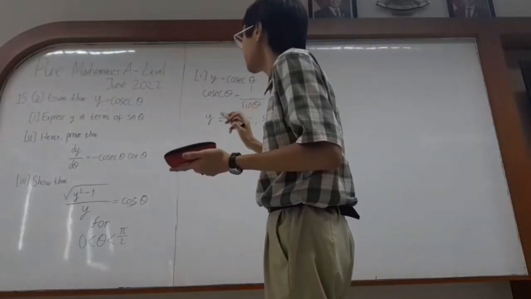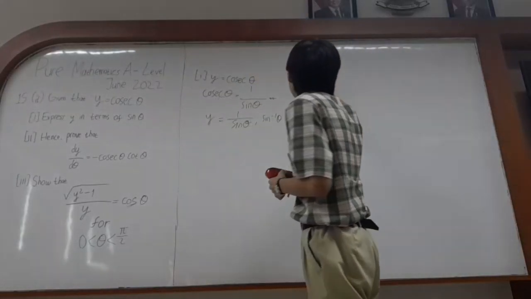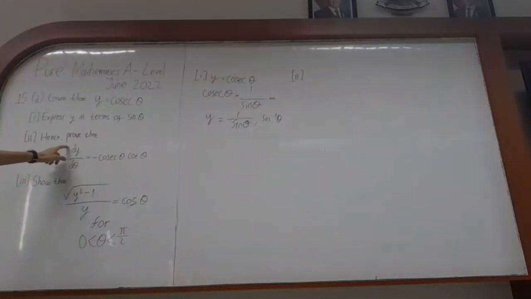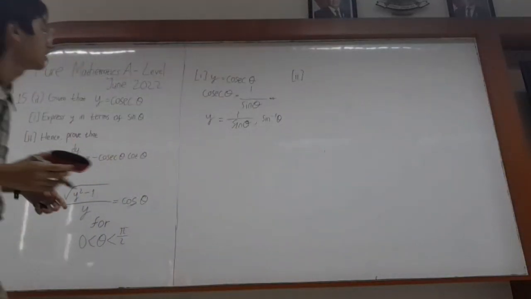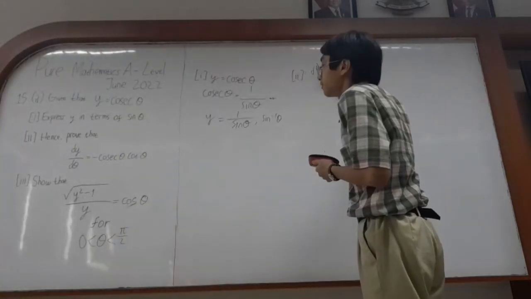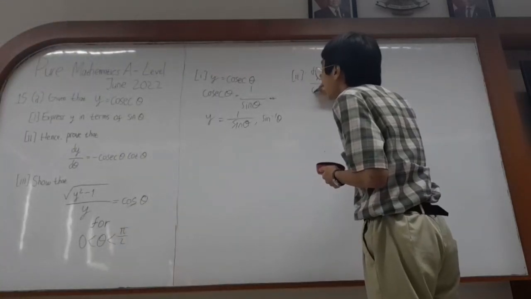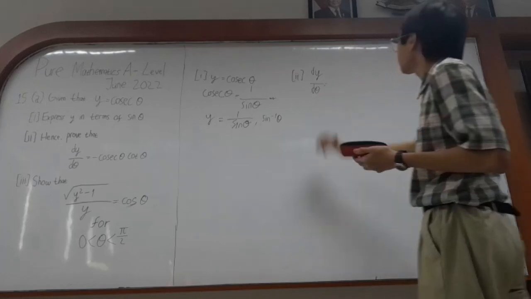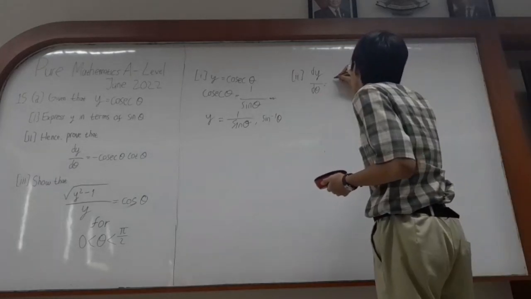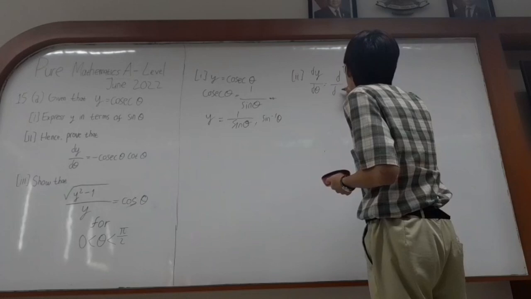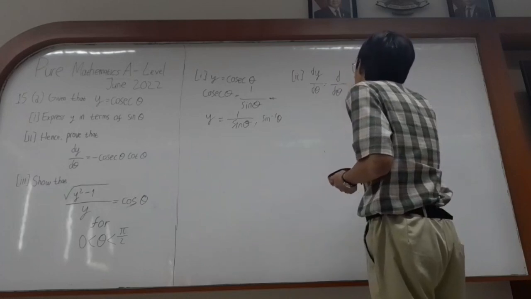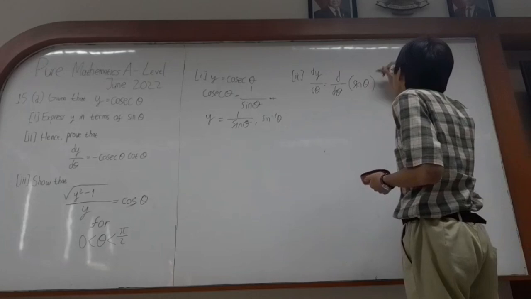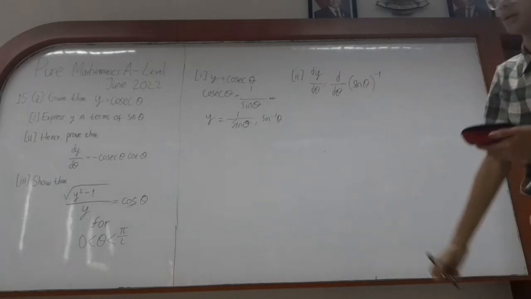The way we use it is that we find the value of dy over d theta, using the differentiation formula: d over d theta of (sin theta) to the power of negative 1.